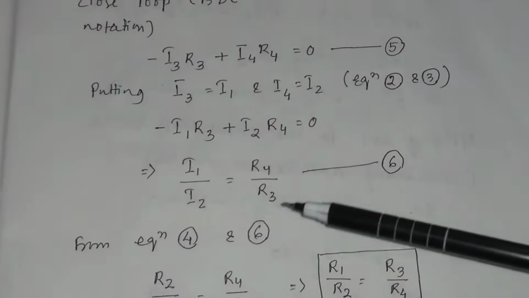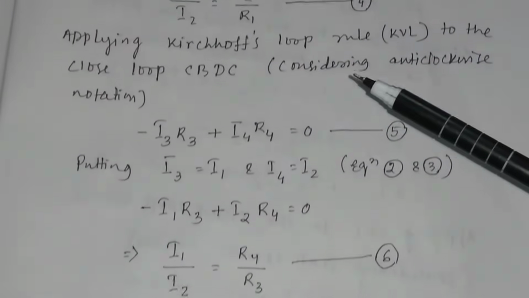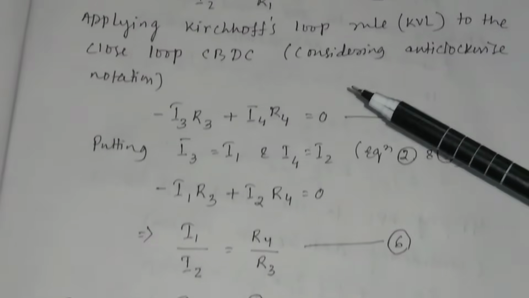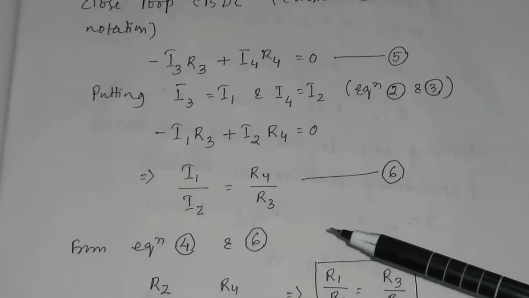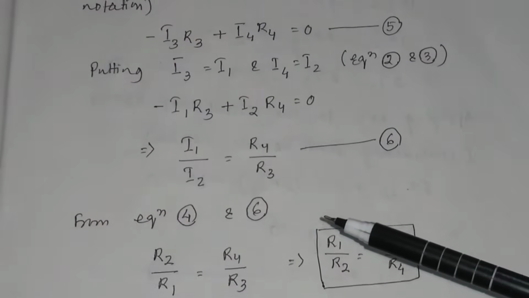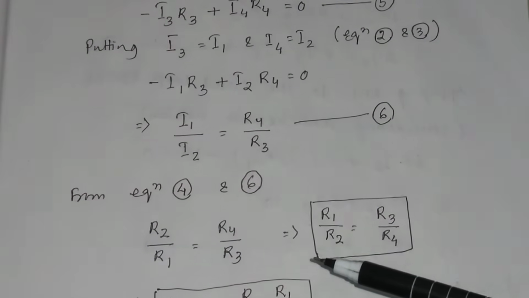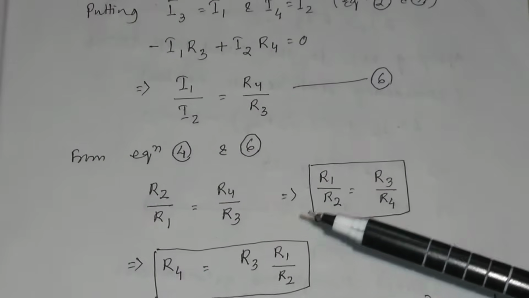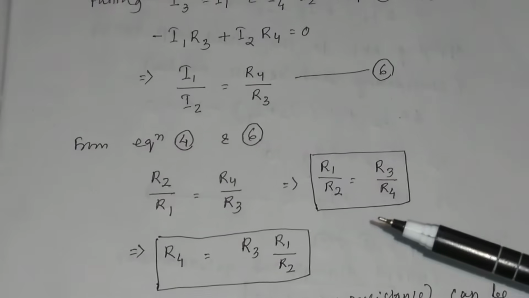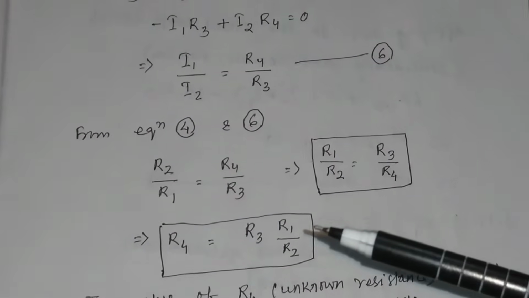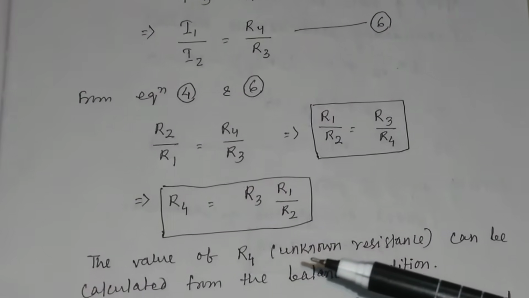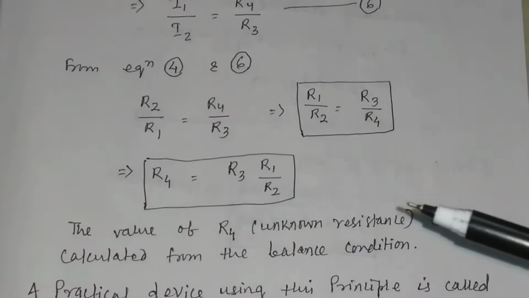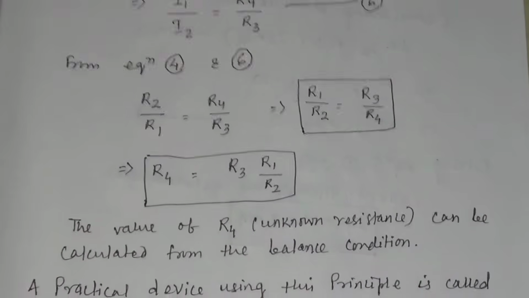Now from equations 4 and 6, in equation 4 you have I1 divided by I2 equal to R2 by R1, and in 6 you have I1 by I2 equal to R4 by R3. So we get R2 by R1 equal to R4 by R3. So R1 by R2 will be equal to R3 by R4. So R4 will be equal to R3 into R1 divided by R2. So the value of unknown resistance R4 can be calculated from the balance condition.